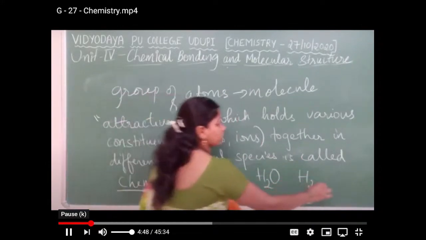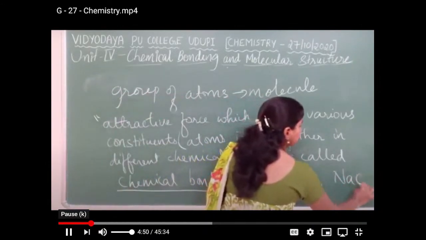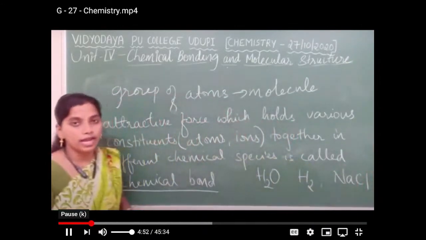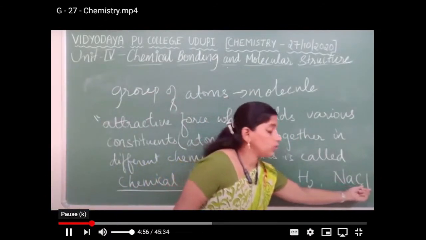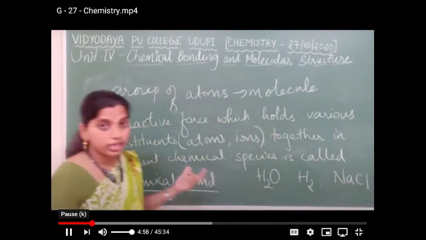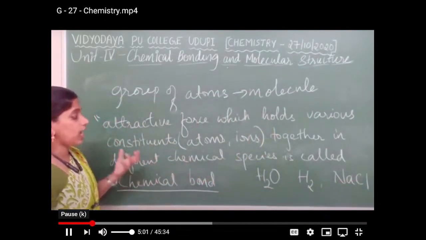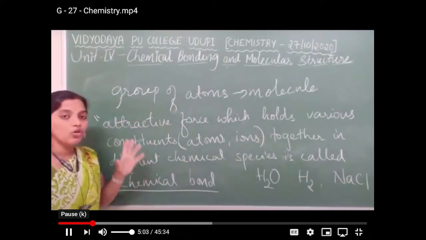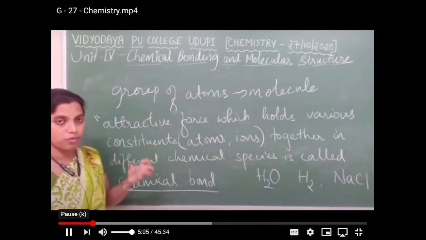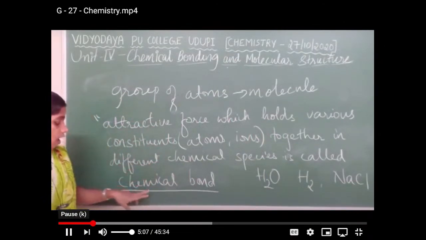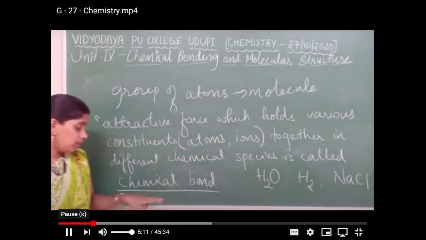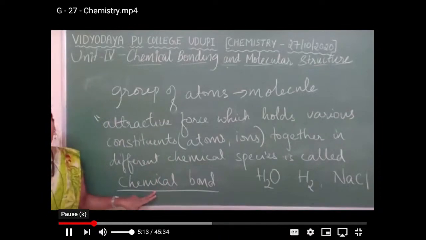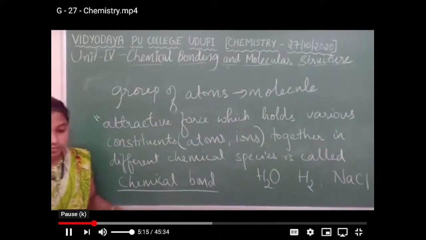And if you take NaCl, the sodium chloride ionic compound, here there is an Na+ ion and a Cl- ion. So there is an attractive force, and such an attractive force which holds the various constituents together is called the chemical bond.